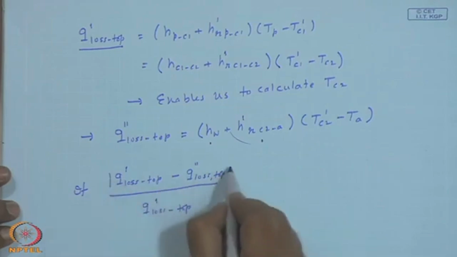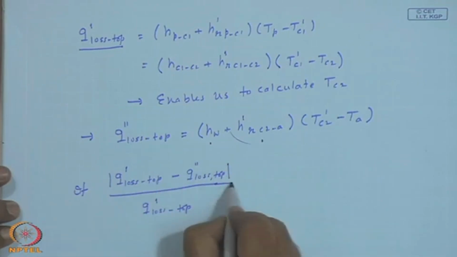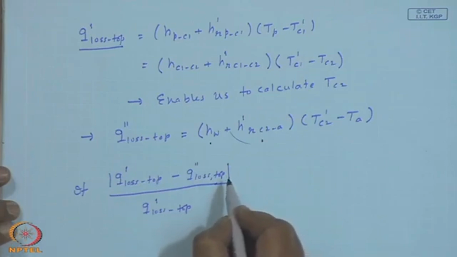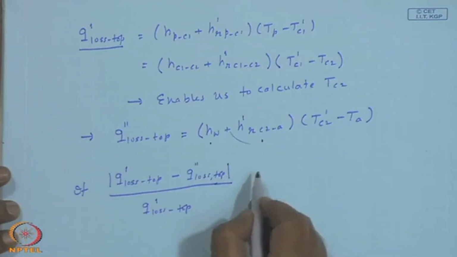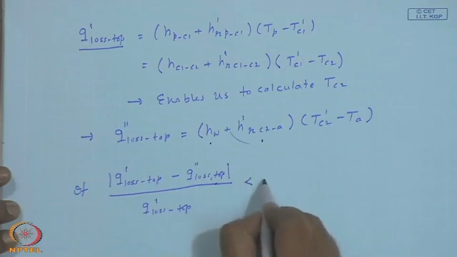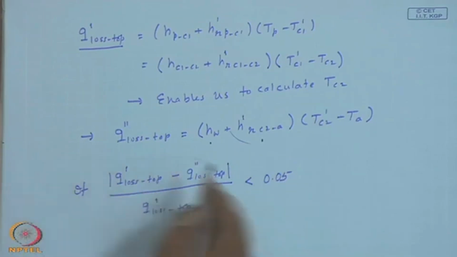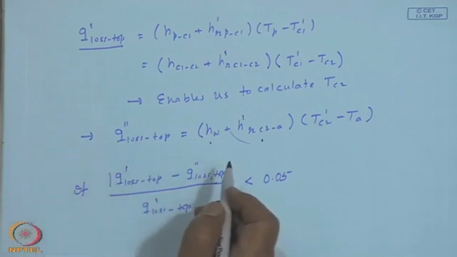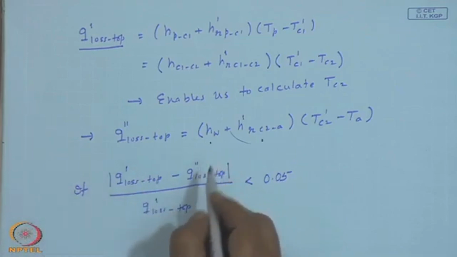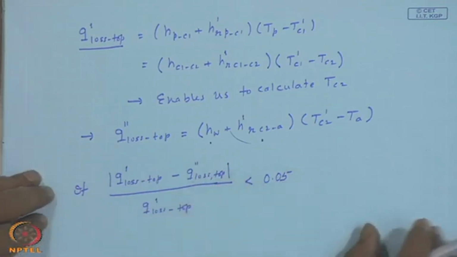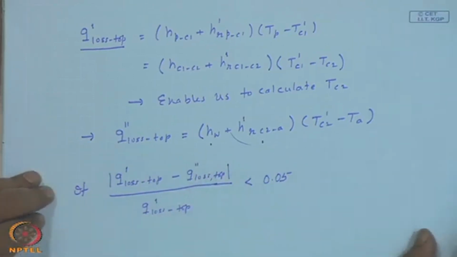Here I put a modulus sign, so that we really do not know whether Q loss top 2 is higher or less, but our idea is, let us say this should be less than 0.05. That means the guessed heat transfer from the top, because of a guessed cover temperature, should balance with whatever is the outgoing heat loss.